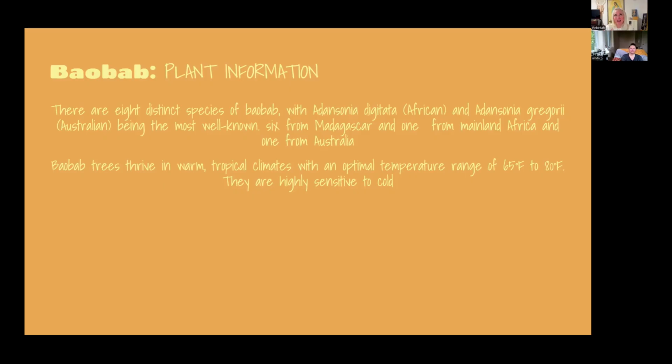Even in Southern California, at the bottom tip, we get below 65. Even in Texas, even in Florida, it's a little cold for this tree. So we're not going to see this tree in the United States of America.